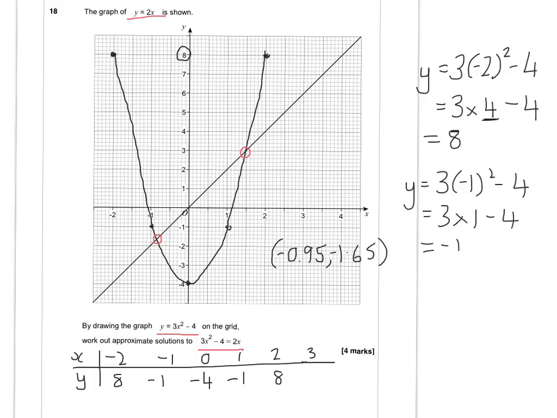Okay, so there's one coordinate. The other solution then is around here, so it's about 1.45 across, and the y value is about 2.9, should we say. There we go, so there's the solutions.